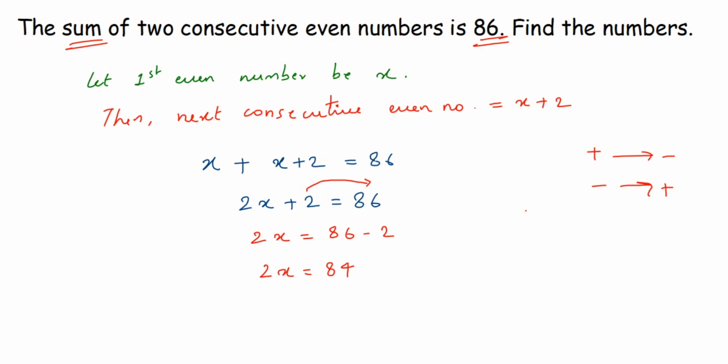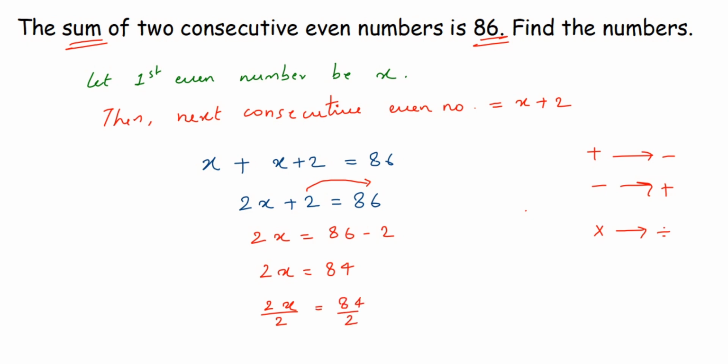Now I want this 2 eliminated from the left side. I just want x on the left side. How to remove the 2 from the left side? This is 2 times x, you're multiplying 2 and x. So the inverse operation of multiplication is division. To eliminate 2 from there, I have to divide by 2. Now you cannot do it on just one side, you have to do it on the right side too.